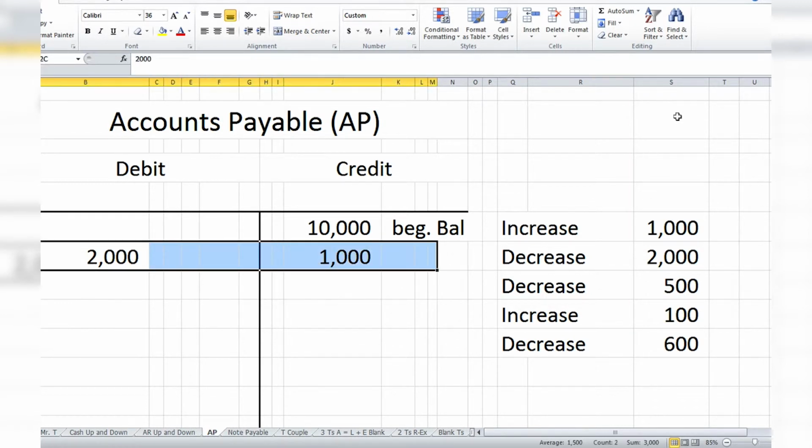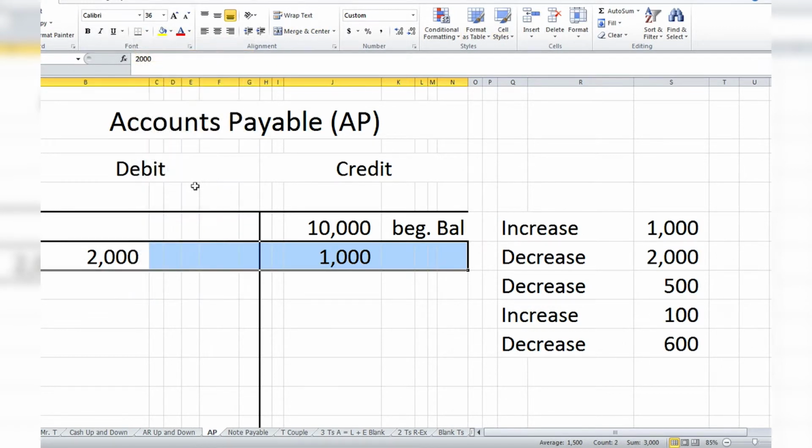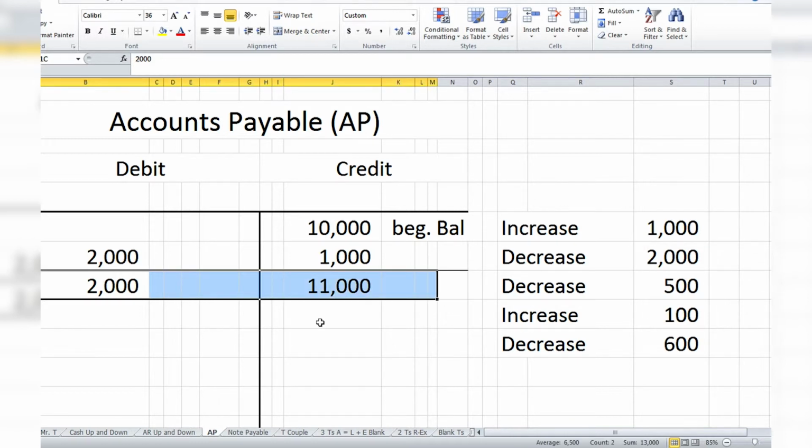So we could stop here and figure out how much is on each side, cumulative. 11,000 here, 2,000 here, and then we can see how much has gone in and out of the account.